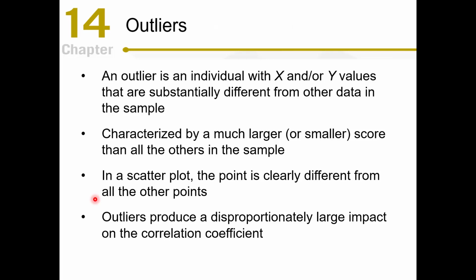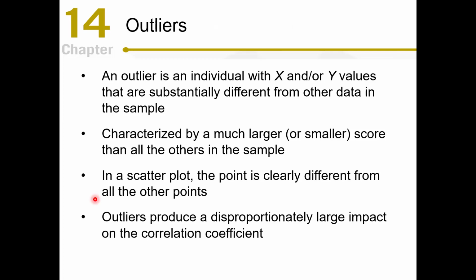And then we have somebody in our class that's 6'3", 6'4". They would be considered an outlier. Their height is substantially different from other data in the sample. Say we had someone who was 7'1" in the class. They would be considered an outlier in height, and their data point would be considerably outside of the range.